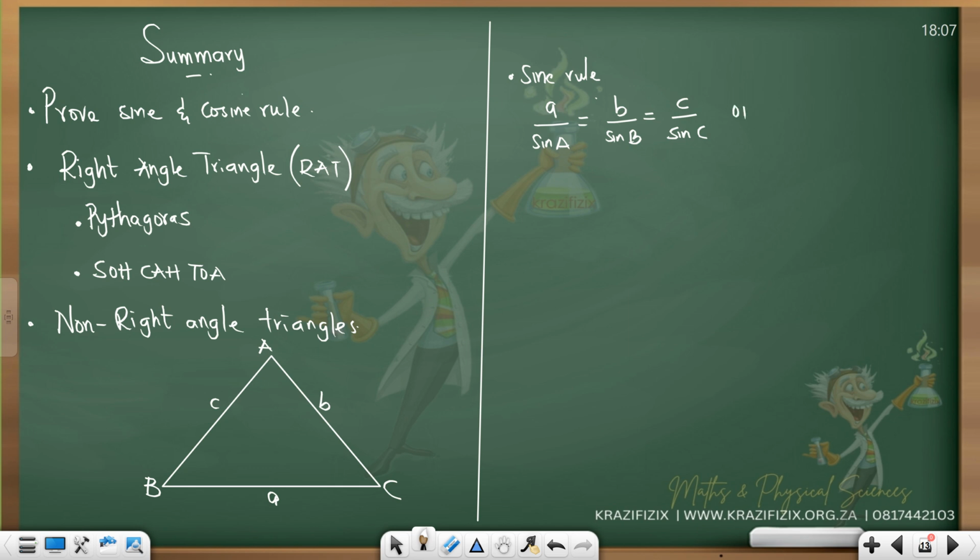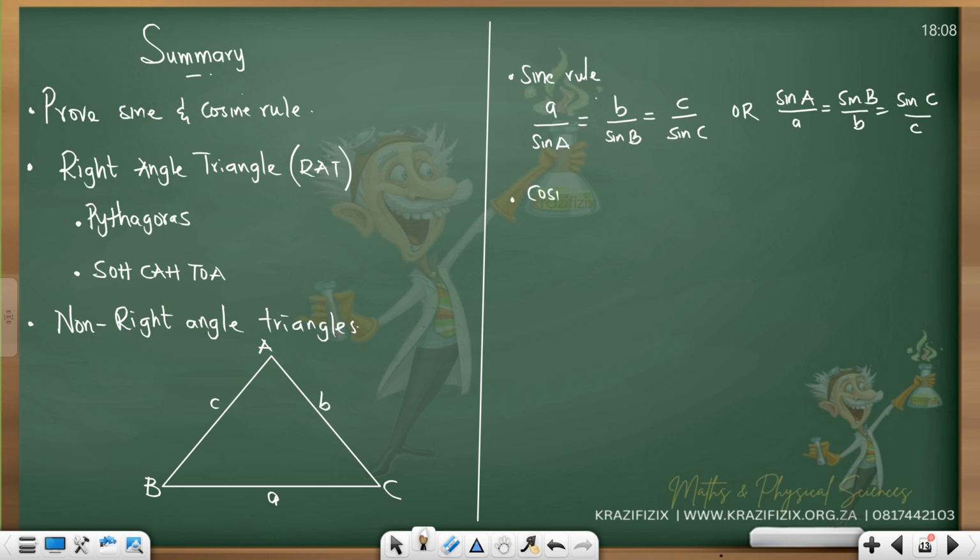It is practically the same thing. I can flip it over: sine A over a, sine B over b, and sine C over c. I'm going to come back to that sine rule, and I want to show you something.